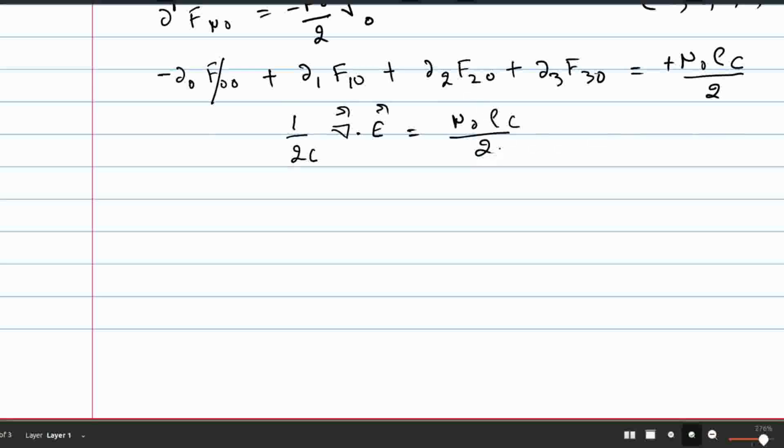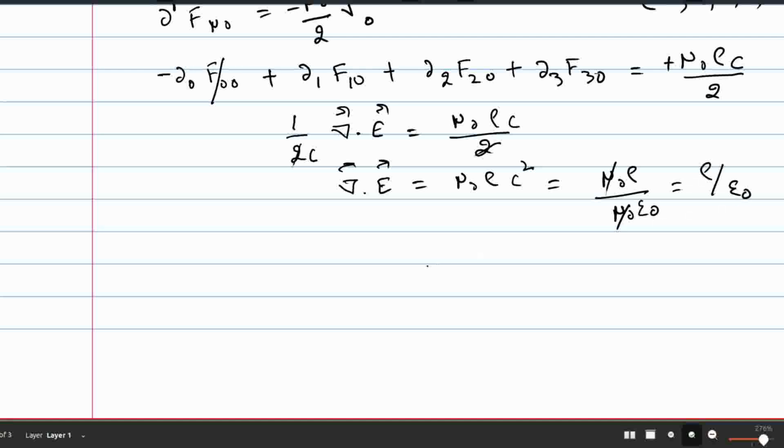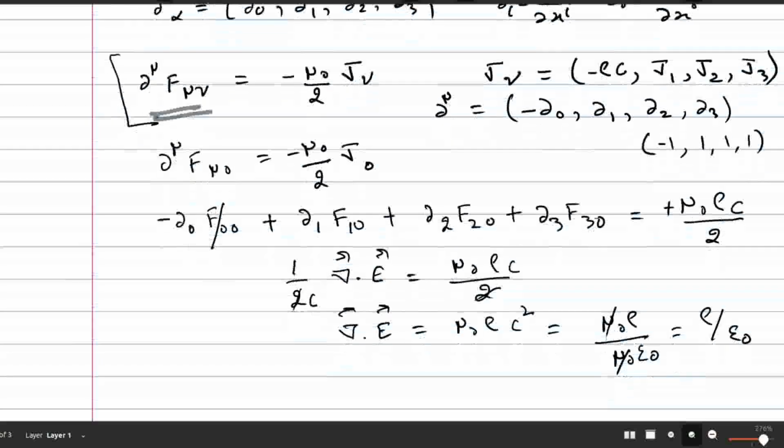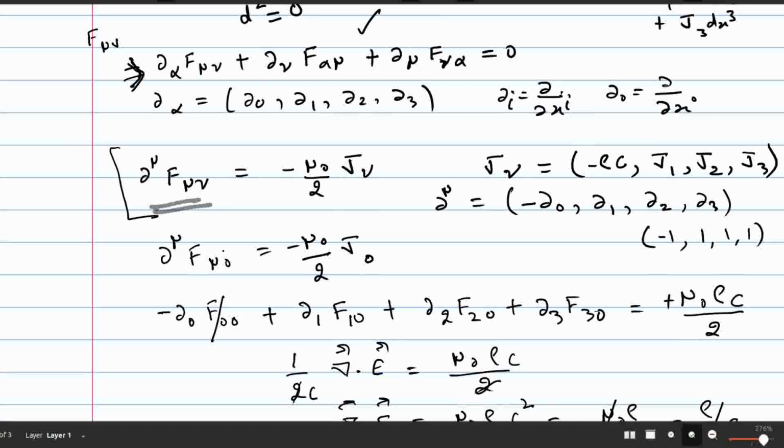Now this 2 cancels with this 2 here, and we get divergence of E equals mu 0 rho c squared, but c squared can be written as 1 by mu naught epsilon naught. Mu naught cancels with mu naught, so we get rho by epsilon naught. So this first equation, divergence of E equals rho by epsilon naught, can be obtained by putting nu equal to 0 in this equation.